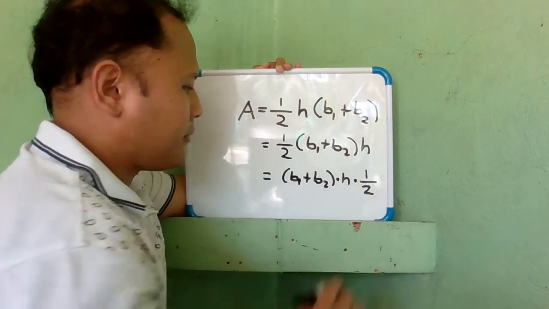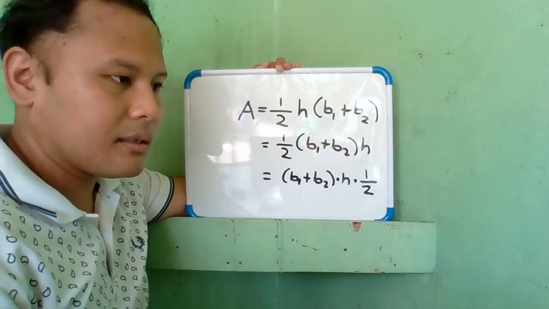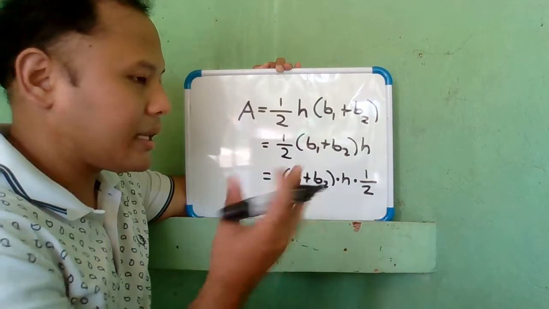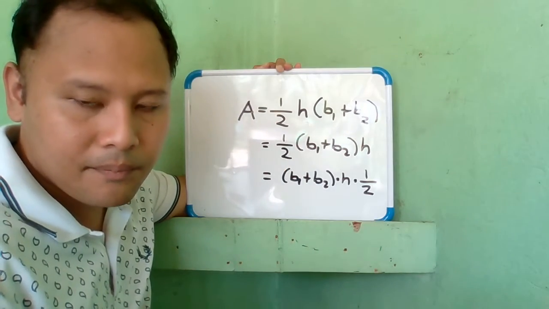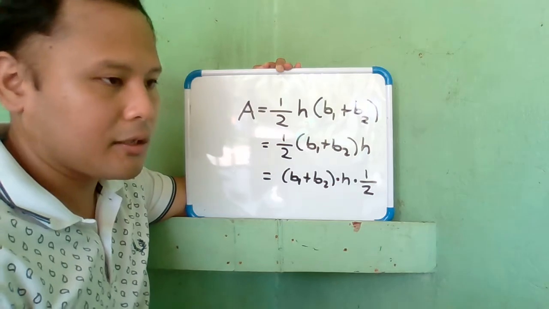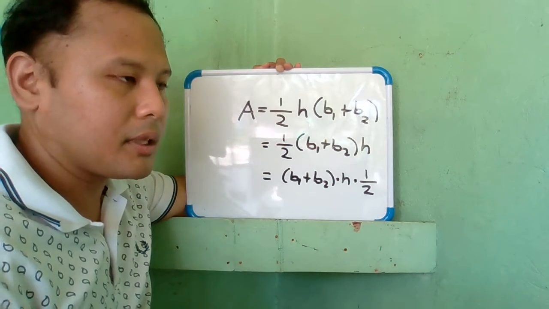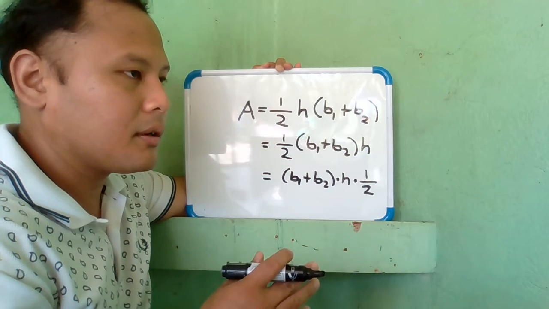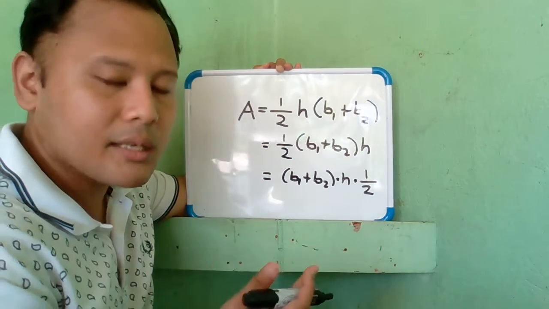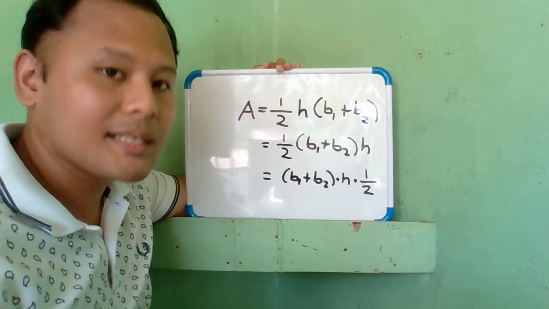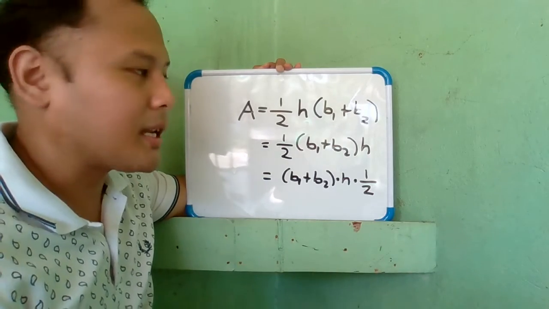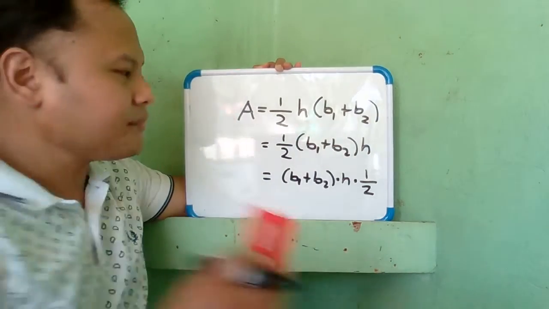So you can really see that you can interchange the factors, the multiplication of these three factors, because of the commutative property: no matter how you arrange the factors, the product is the same. Okay, so let's have an example.